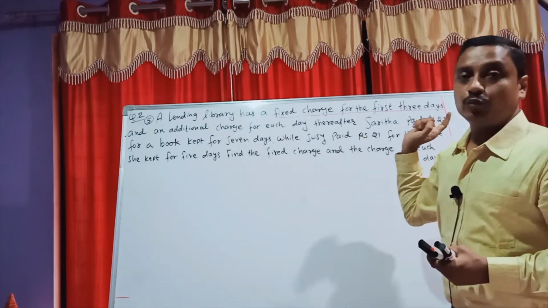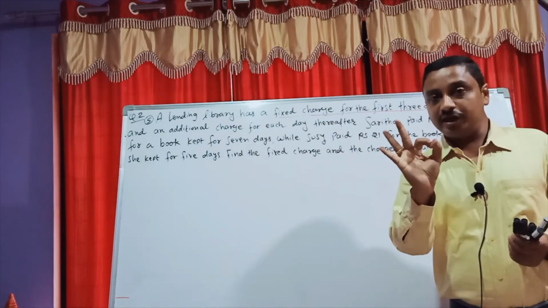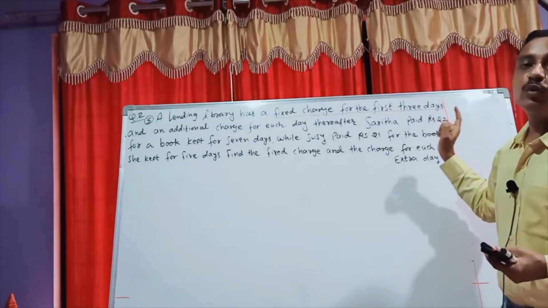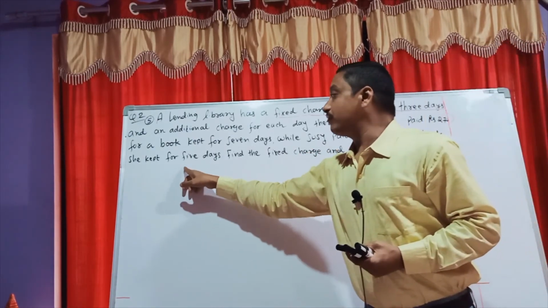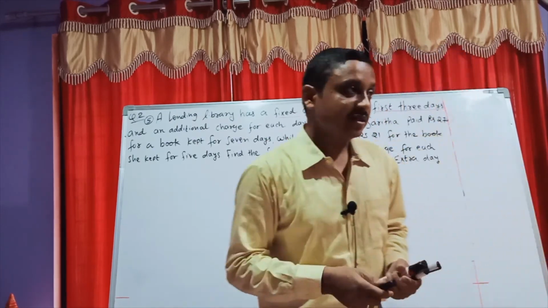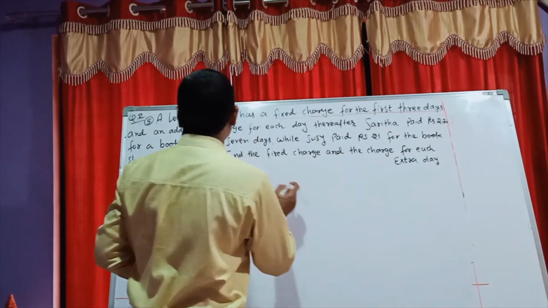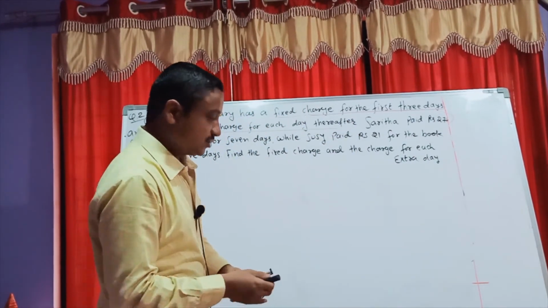Now Sarika paid 27 rupees for a book kept for 7 days. 7 days means 3 days is fixed, and after 4 days you paid that 27. And Sasi paid 21 rupees for a book kept for 5 days. Here I highlight the fixed charge for the first 3 days, and the additional charge after that is y rupees.